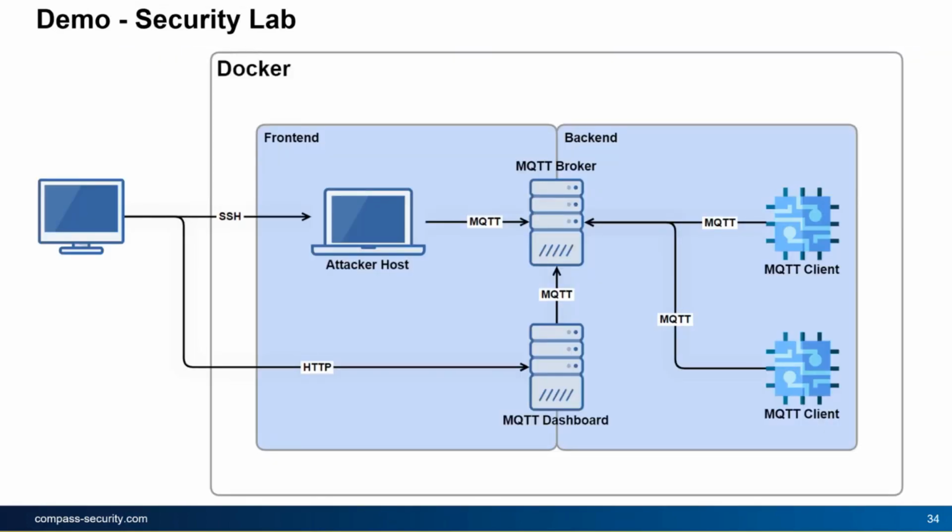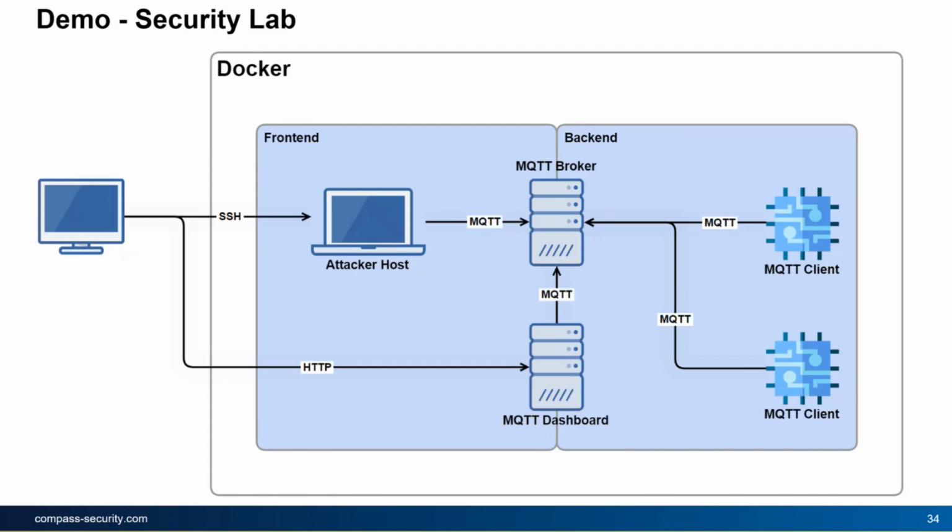Okay, so for my work, I also created some security labs. This is the setup, how it looks. On the left, we have our computer, and then we have the solution built within Docker. And we have the possibility to connect via SSH to the attacker host. And this attacker host is inside a network where there's an MQTT broker exposing the MQTT port.